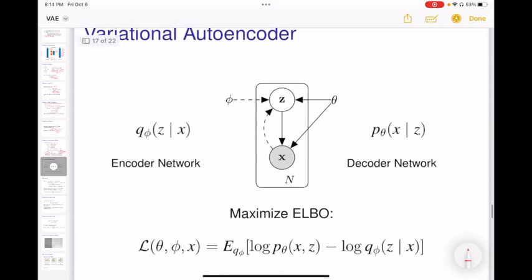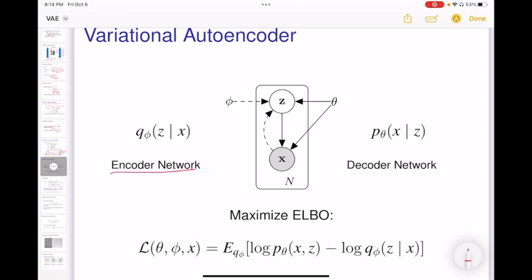Right, so now let's look at the graphical representation of the variational autoencoder so far. We have the encoder network, which is parameterized by neural network parameters phi. We take in the input value x, which is observed in the real data, and given the observed data, we get an encoding variable z using the encoder network.